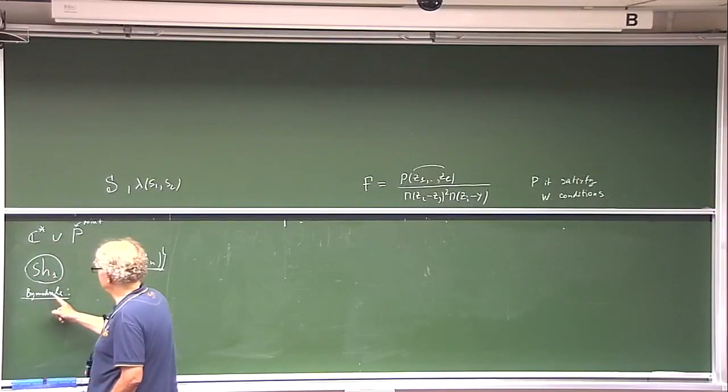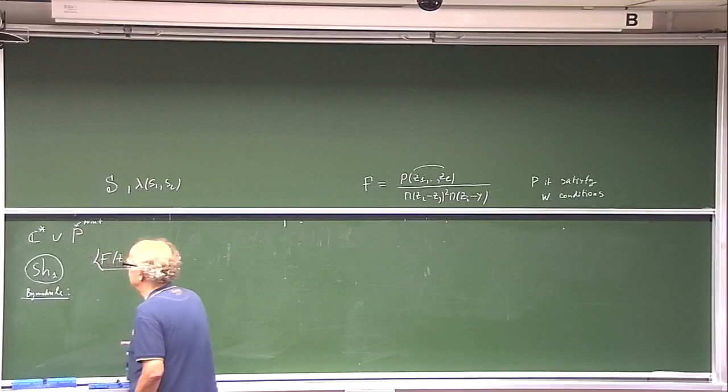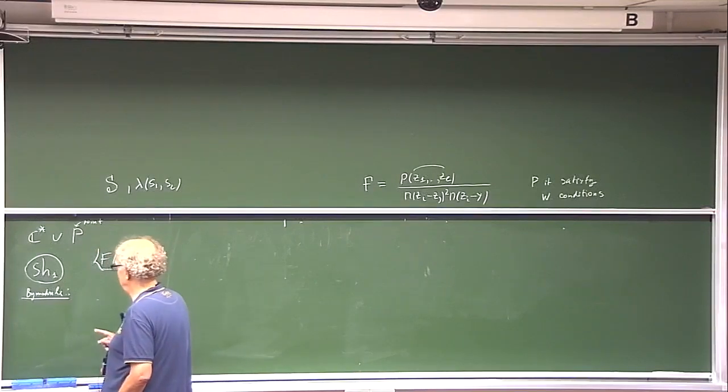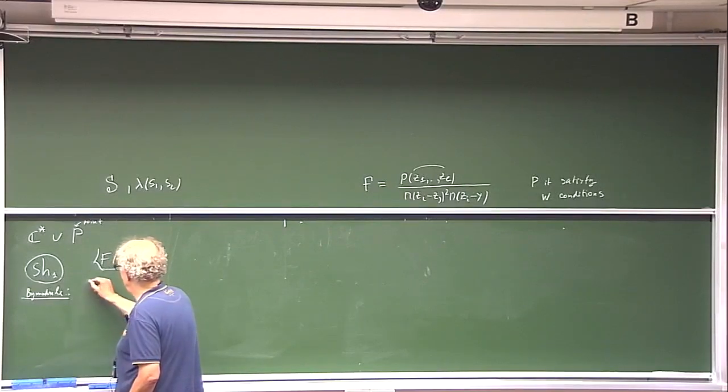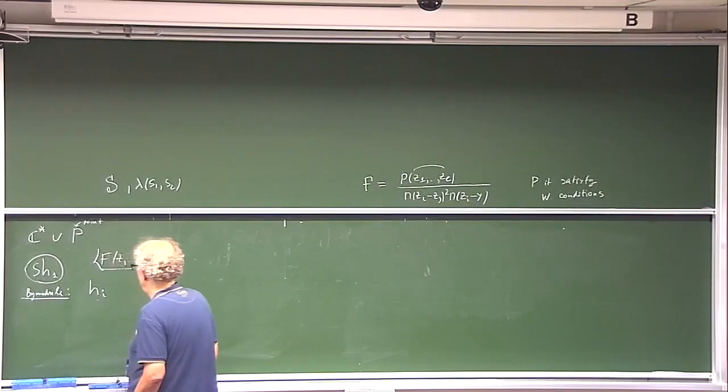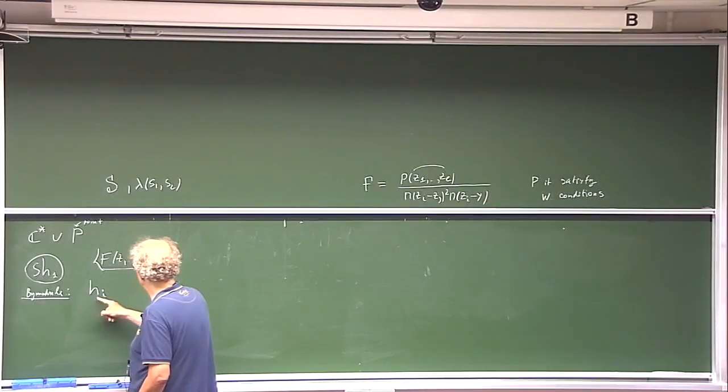It is a bimodule, yes, but here we have the action of the Cartan, which I mentioned. So I can take the element h_i, and this h_i is acting on the space of functions of n variables in a simple way.